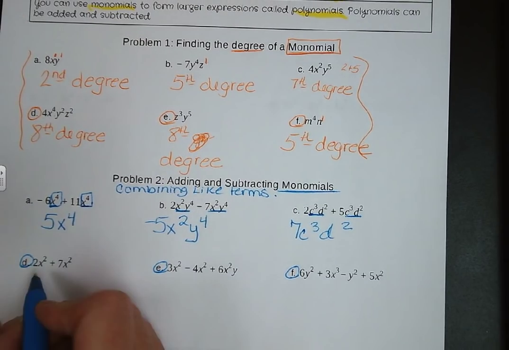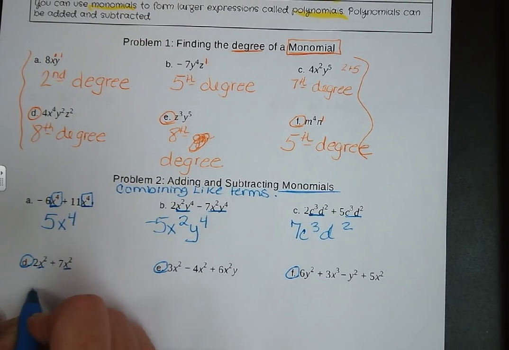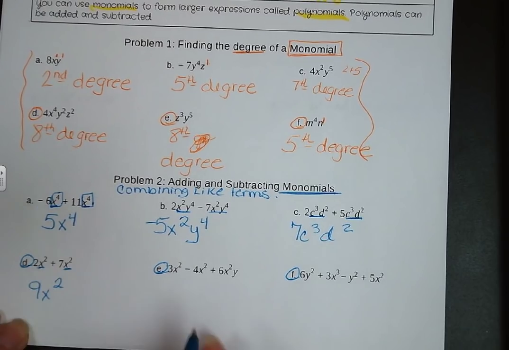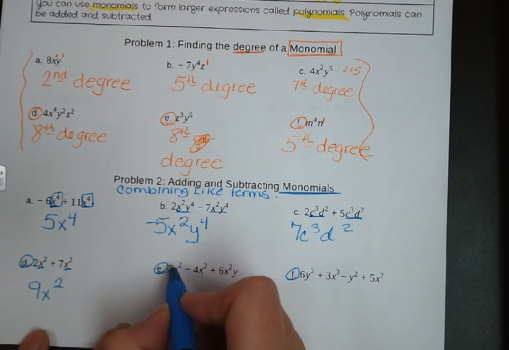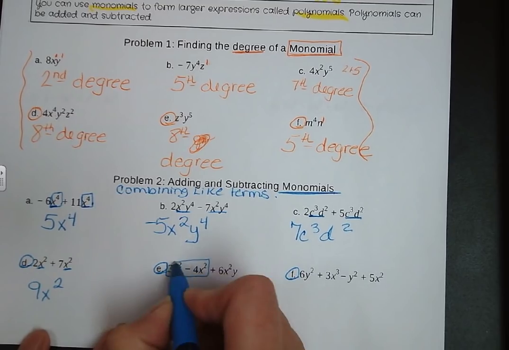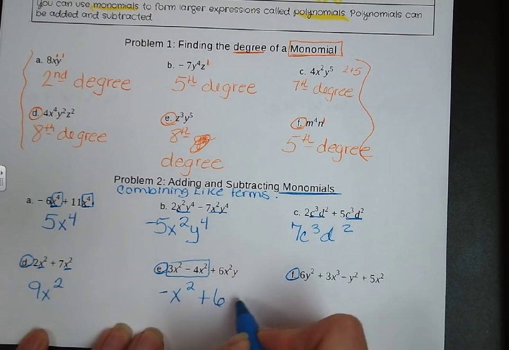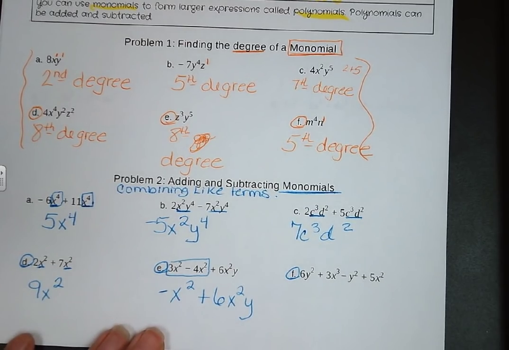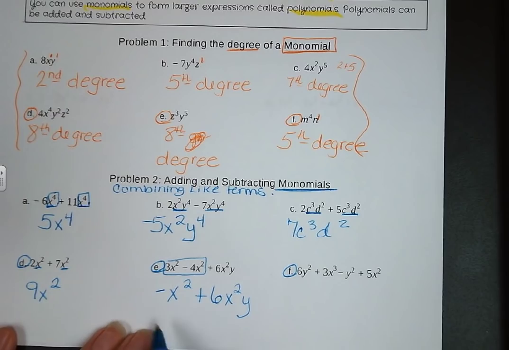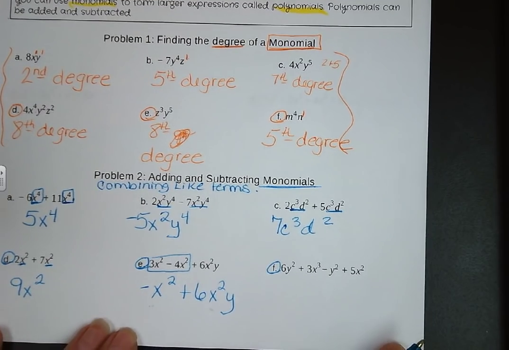So, letter D, 2x squared plus 7x squared. We have 9x squareds. Letter E, we're going to first look at those two. We've got x squared terms. 3x squared minus 4x squared is negative x squared. And then we have that plus 6x squared y. That can't be combined because it has a y term and the other ones don't.